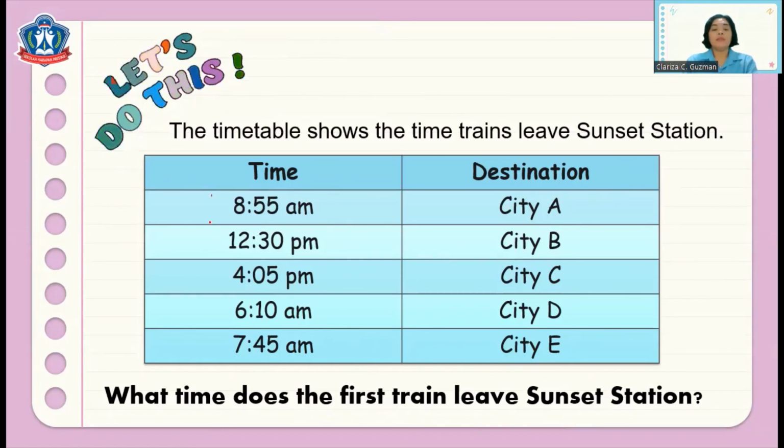So you simply choose from these 5 times. What time does the first train leave the Sunset Station? If you know the answer, write your answers in my question in Google Classroom.